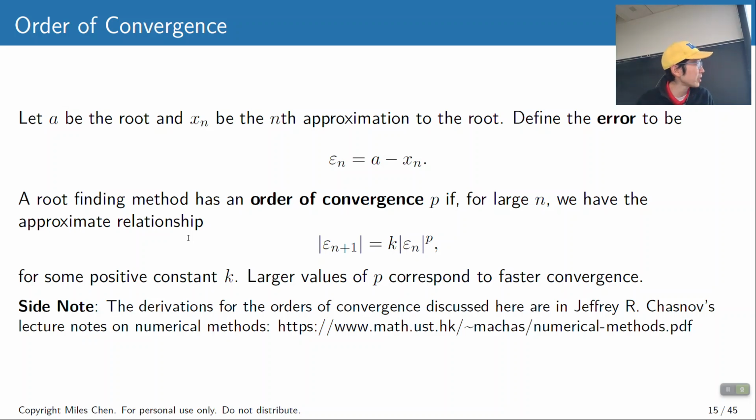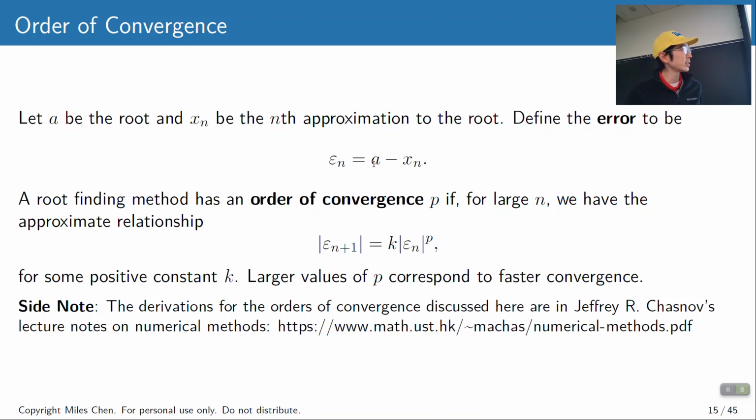So we'll talk a little bit about orders of convergence, and just how quickly some of these algorithms converge to a solution, and the idea is, okay, well, how big is our error, right? Our error is the difference between the actual value of the root and our approximation of the root.